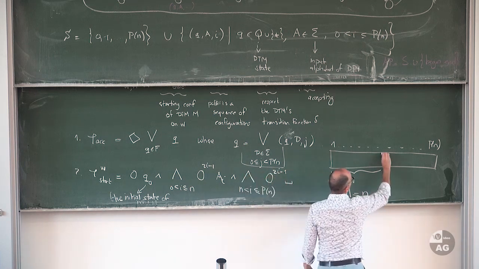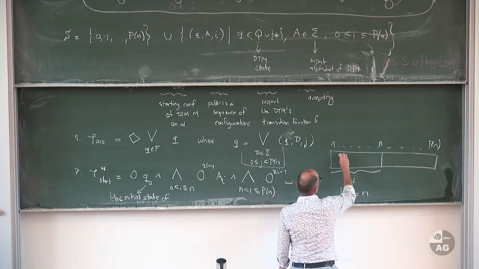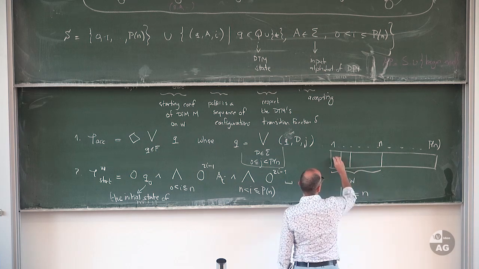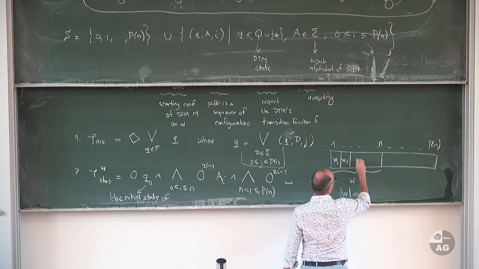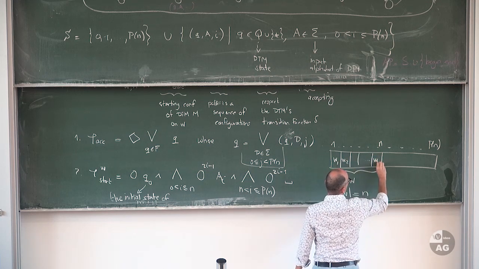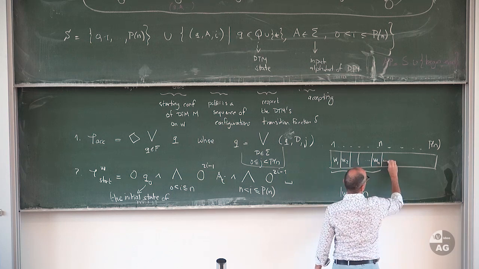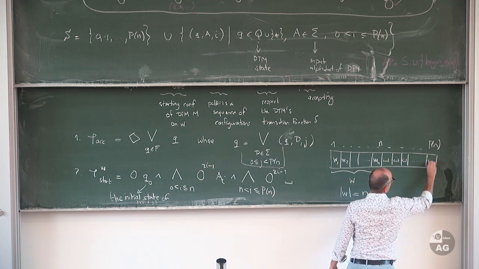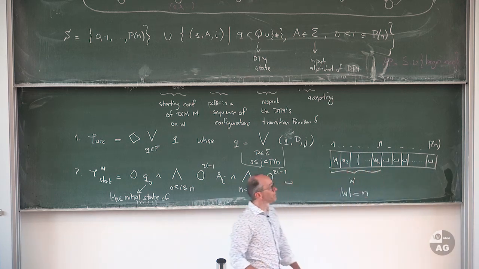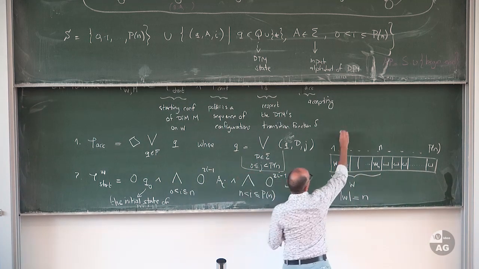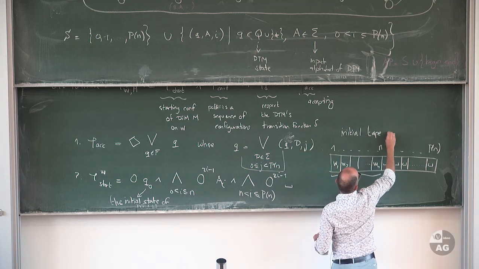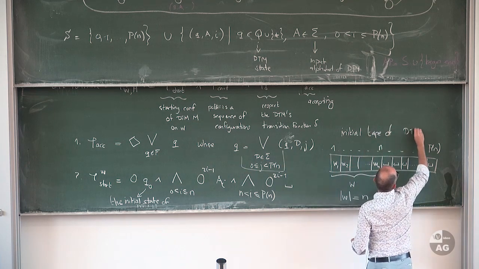Up to n, this is the first symbol of W, this is the second symbol of W, etc. So this is W1, W2, until we get Wn. What is the rest? The rest are blanks. Blanks are indicated like this. So these are blanks. This is the initial tape of the Turing machine.